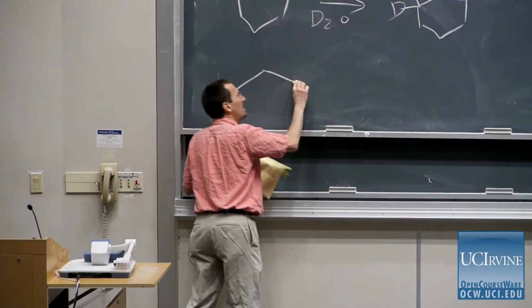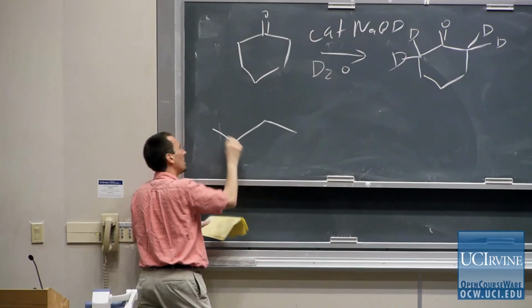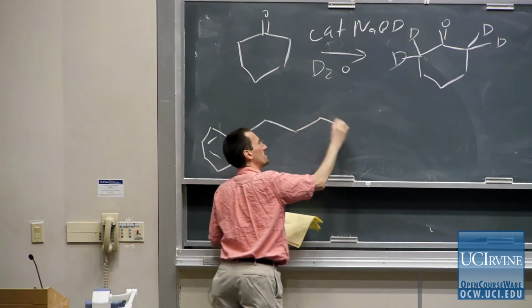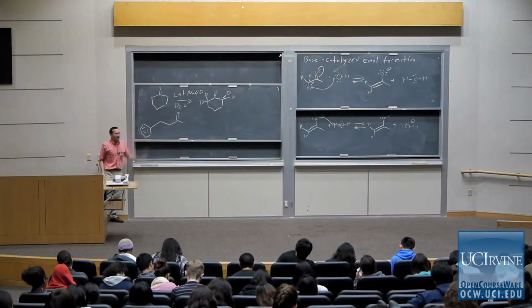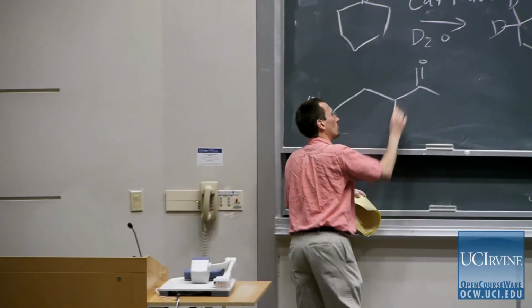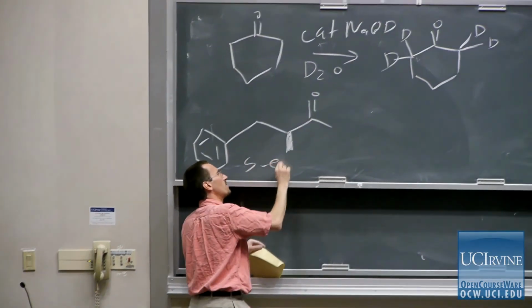Similarly, if I imagine for a moment that I had something that had chirality at the alpha position, let's imagine for a moment that I have this ketone where I have a methyl group. And let's say that I have just the S enantiomer.